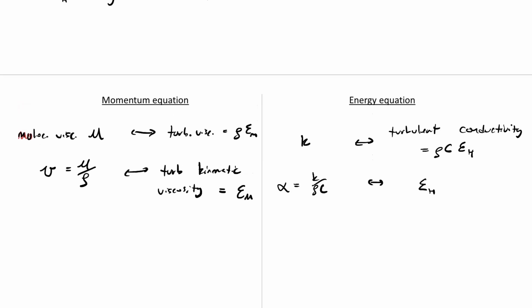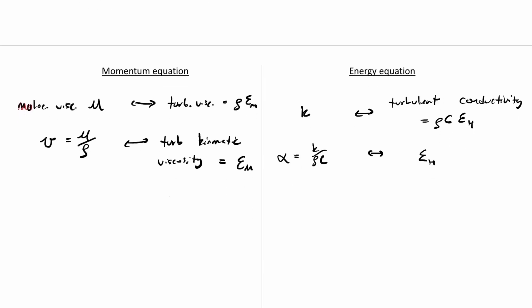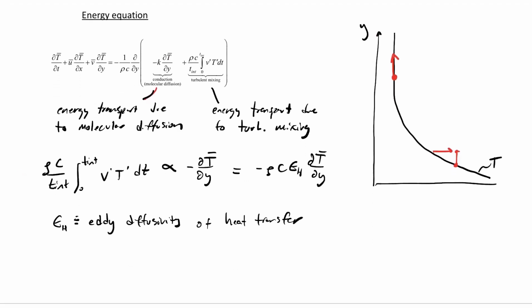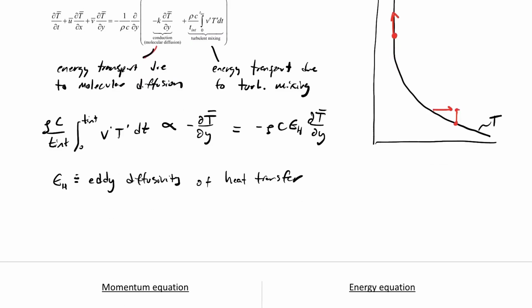All right, so let's look back at how to do this without writing too much. If we look back at this equation, this is the original form of the equation. If we substitute in the models that we've defined here, instead of rho c times the integral of v prime T prime, we substitute in the model that we're going to use for that. We can rewrite the equation as follows.